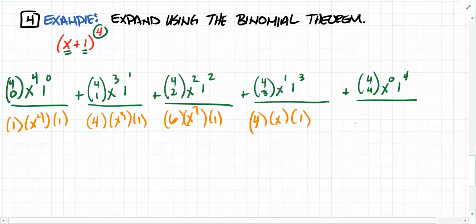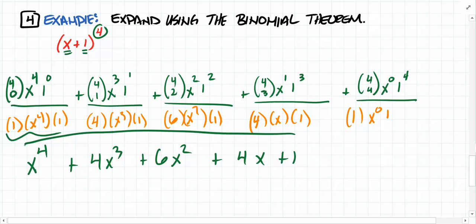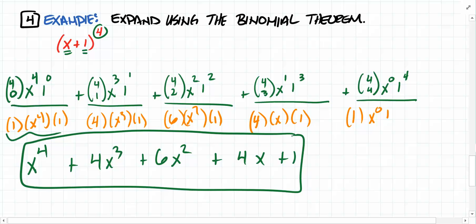And then finally 4 over 4 is the number 1, x to the 0, and then 1. So cleaning all of this up, I get x to the fourth plus 4x to the third plus 6x squared plus 4x plus 1. And we have expanded using the binomial theorem.